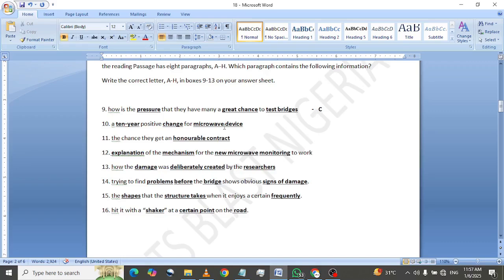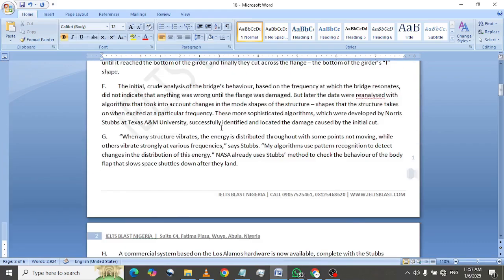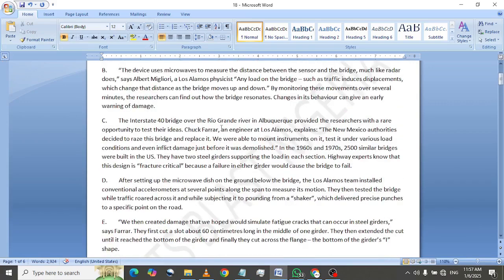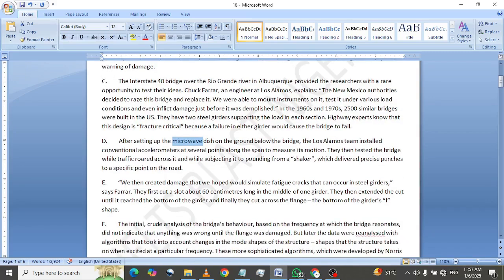The microwave device. So let's check whether we'll be able to see something like that in paragraph D, because there's nothing relating to that in paragraph C. We have microwave dish here. Is there anything relating to 10 years? We are checking. Okay, there's nothing about 10 years. Oh, look at shaker here. You can see there is one shaker here.